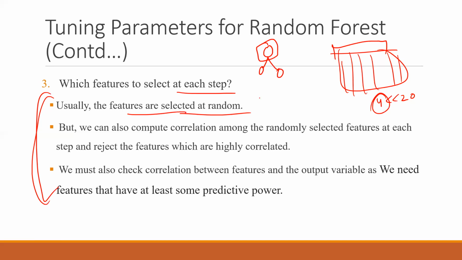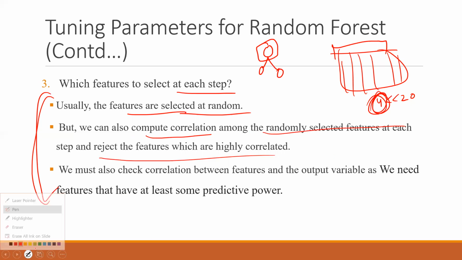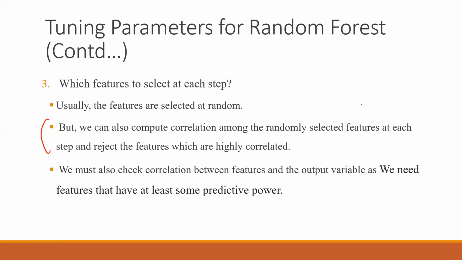The features are selected at random, those 4 will be selected at random, but we can also compute the correlation among the randomly selected features at each step and reject the features which are highly correlated. So this is one of the techniques.